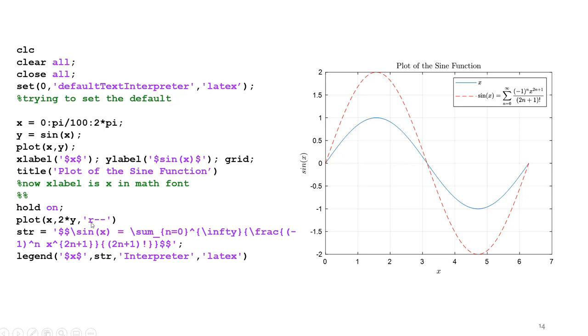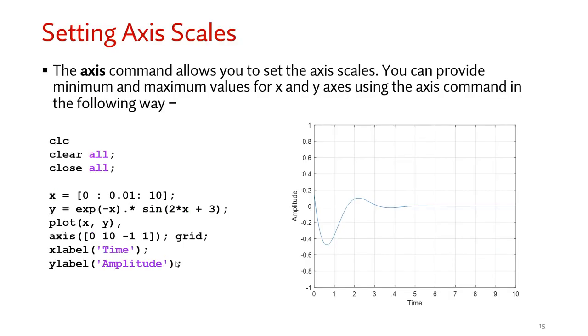And then I have the color of the line is r. And then I have dash dash. So this will produce a dashed line. And then I'm defining a string, and I'm saying this string will be part of the legend, and I'm interpreting it as LaTeX. All right. So I think this is a nice example you can try. You can set the axis scale.